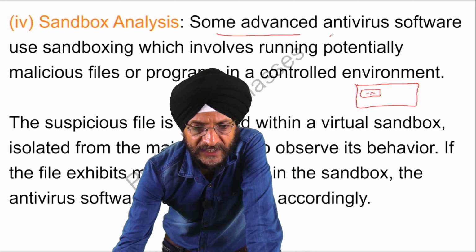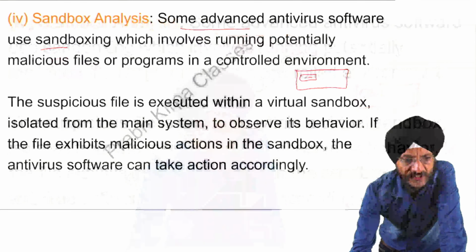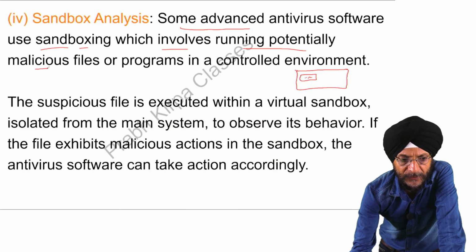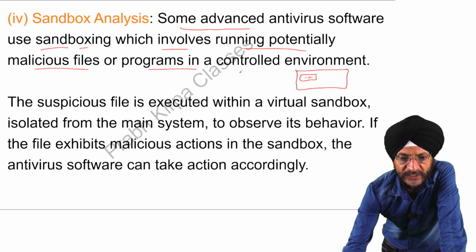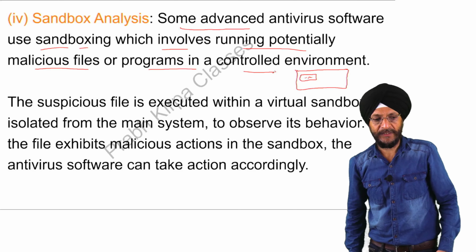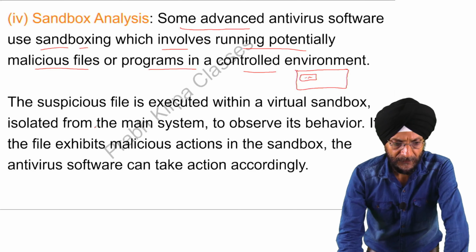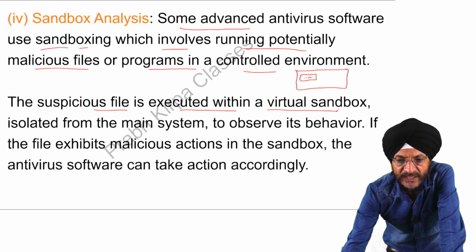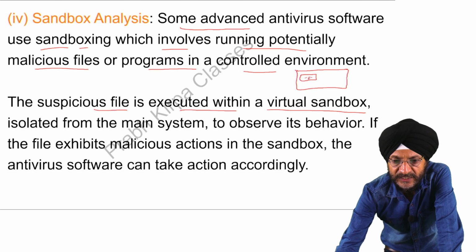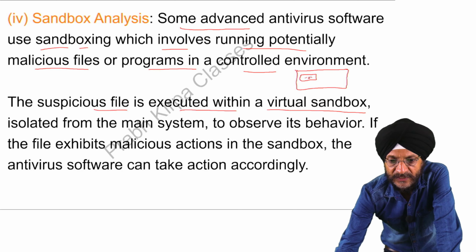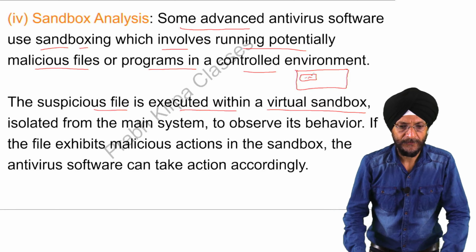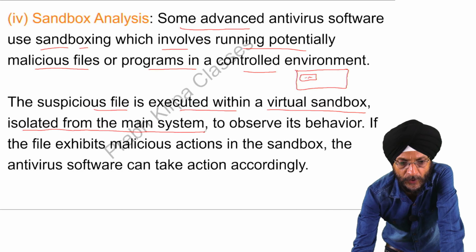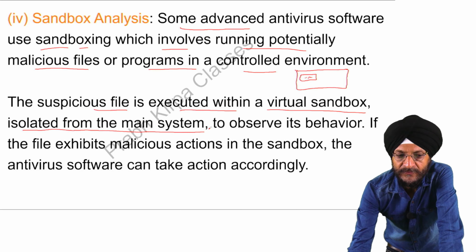Some advanced antivirus software use sandboxing, which involves running potentially malicious files or programs in a controlled environment. The suspicious file is executed in the virtual sandbox. That is, the suspicious files will run in the virtual sandbox, and this suspicious file is isolated from the main system.